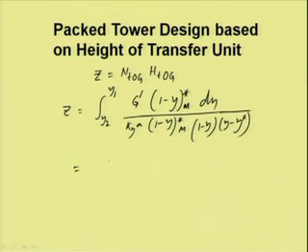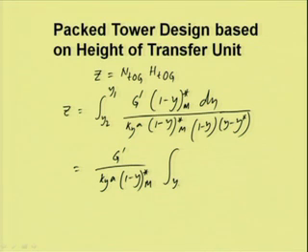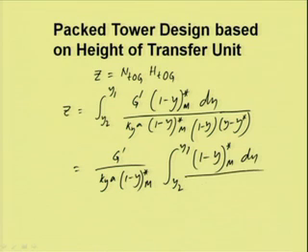This we can write g dash divided by ky a into (1 minus y star)m, integral y2 to y1 (1 minus y star)m dy divided by (1 minus y) into (y minus y star).